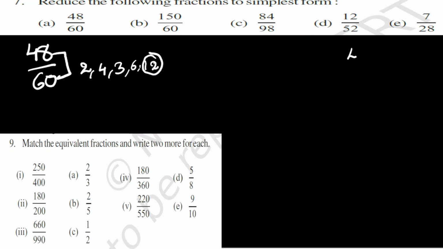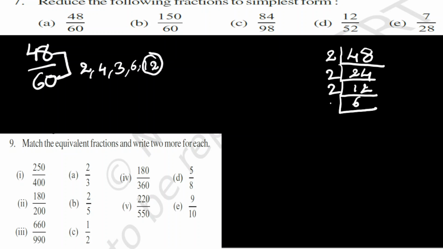We need to factorize. We need to find the HCF of both the numerator and denominator. Now let's factorize 48. We need to start with the least prime number, 2. 2 24s are 48, 2 12s are 24, 2 6s are 12, 2 3s are 6 and 3 1s are 3.